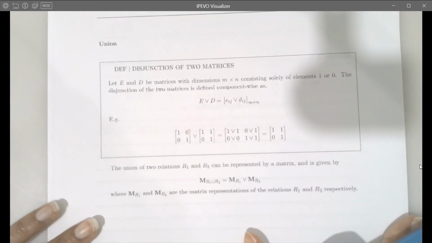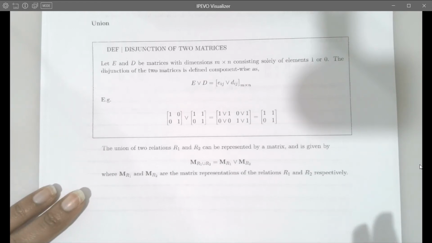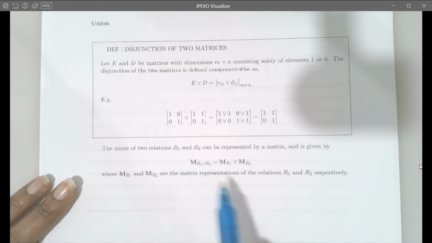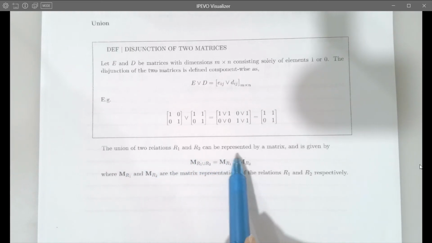Okay, so now that we know in general what the disjunction of two matrices is, we're going to look at the union of two relations in terms of the matrices.